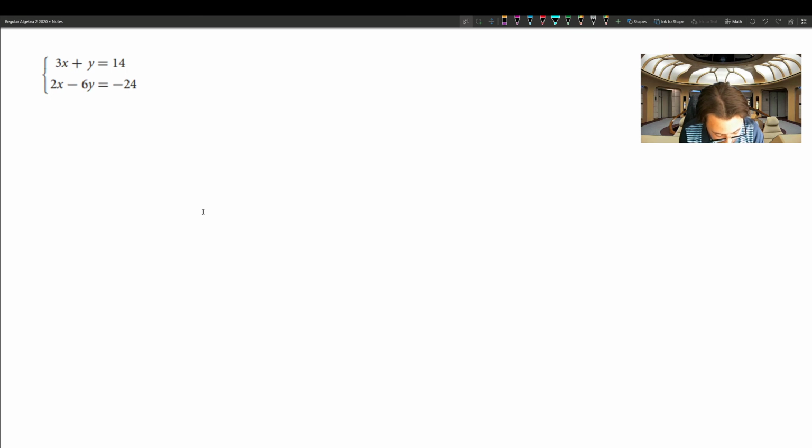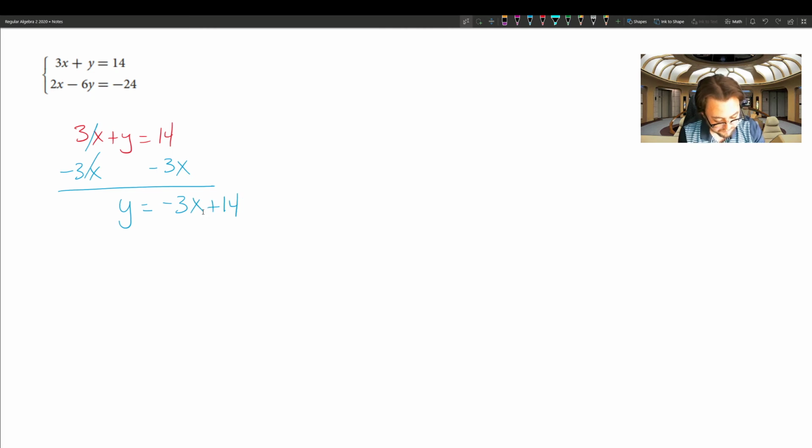So we'll do 3x plus y equals 14. We will subtract 3x from both sides. y equals negative 3x plus 14. I'm going to take this and plug it into the equation I did not use.